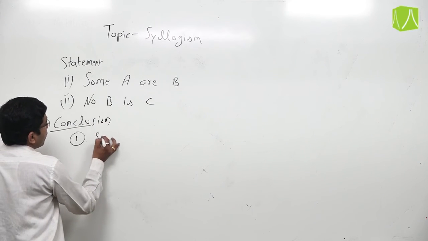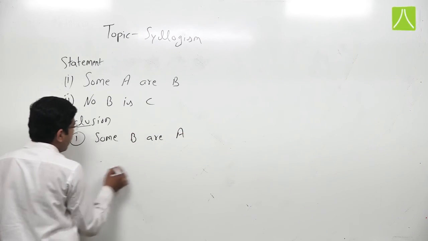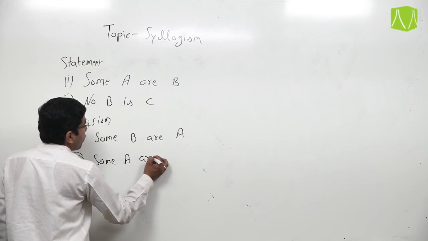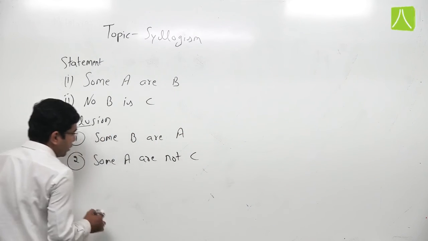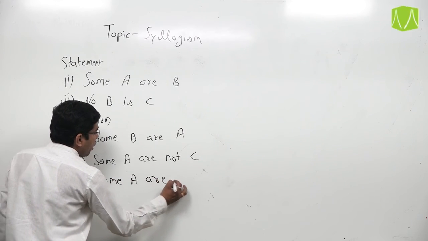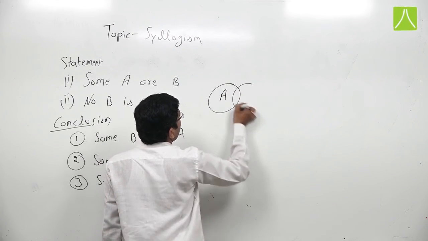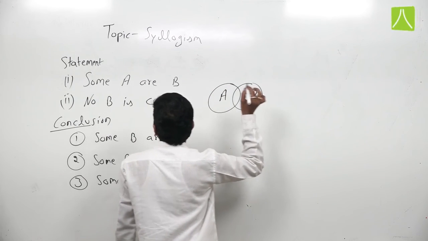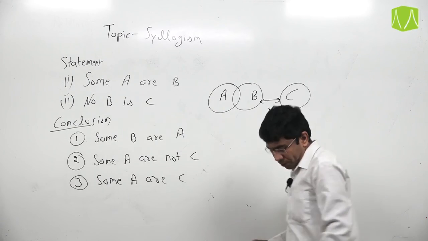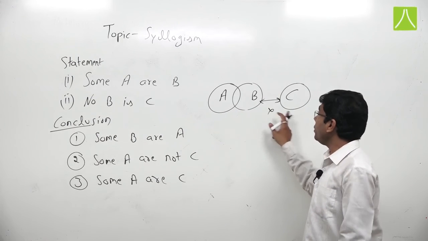First conclusion is some B are A, and second conclusion, some A are not C. Here third conclusion, some A are C. Now first we have to make the diagram. Some A are B and no B is C. It is our diagram.